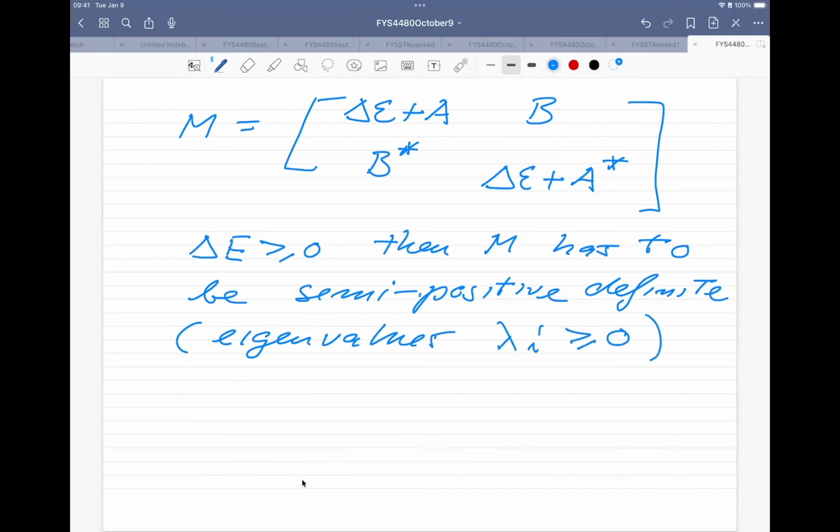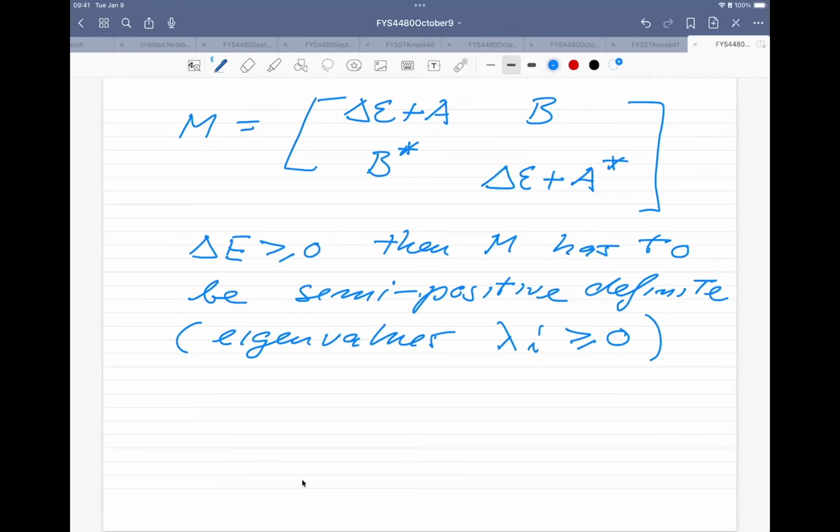When you look at a matrix like this and want to figure out whether it is positive definite or semi-positive definite, you don't want to calculate the eigenvalues, because if the matrix is large, this requires quite many floating point operations.